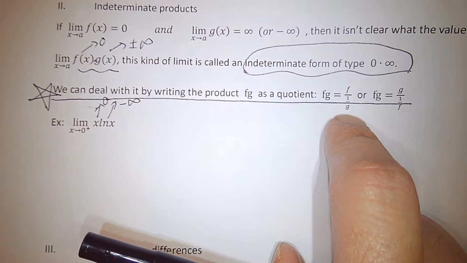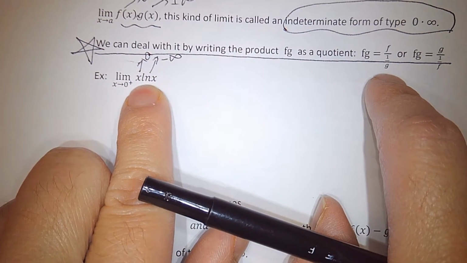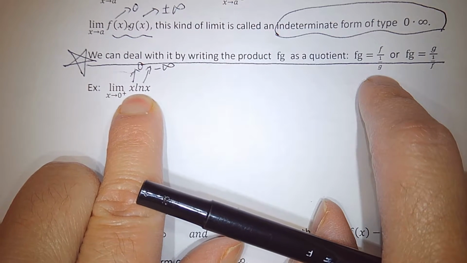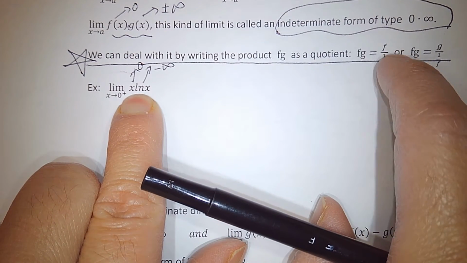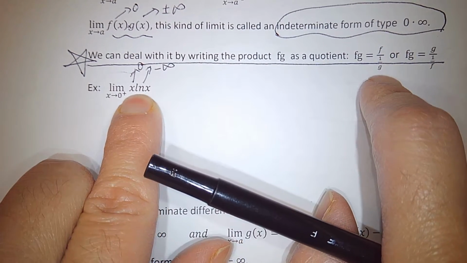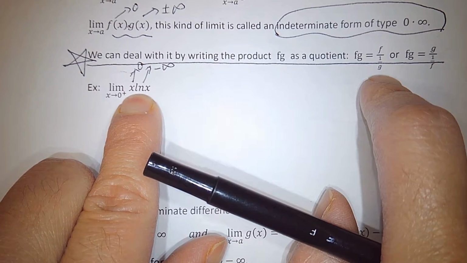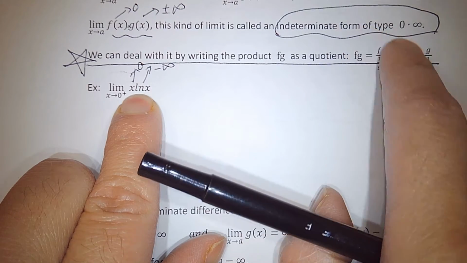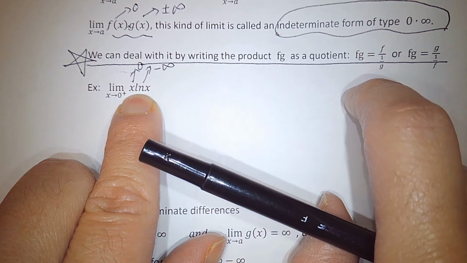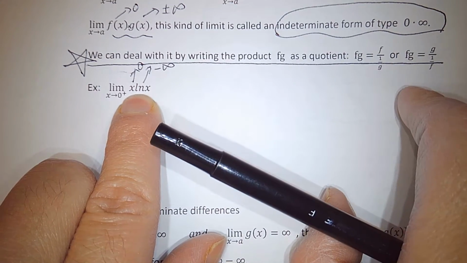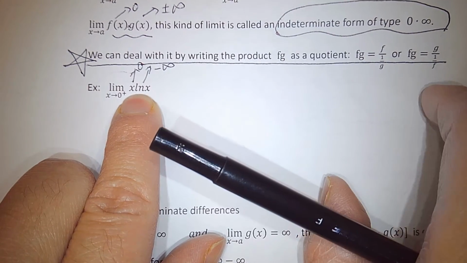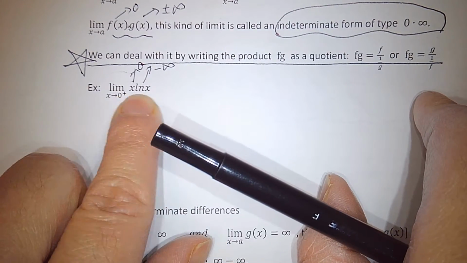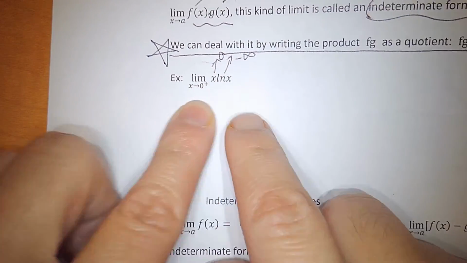We want to rewrite this product so that we have 0 over 0 or infinity over infinity. So if we encounter the product form, we have to convert it to 0 over 0 or infinity over infinity. Then we can use L'Hospital's rule.